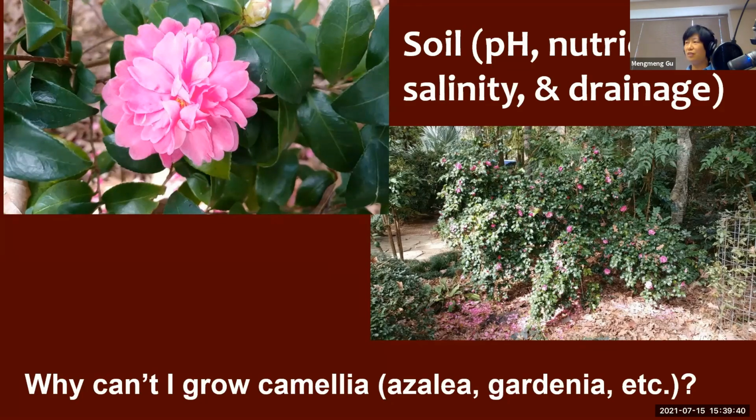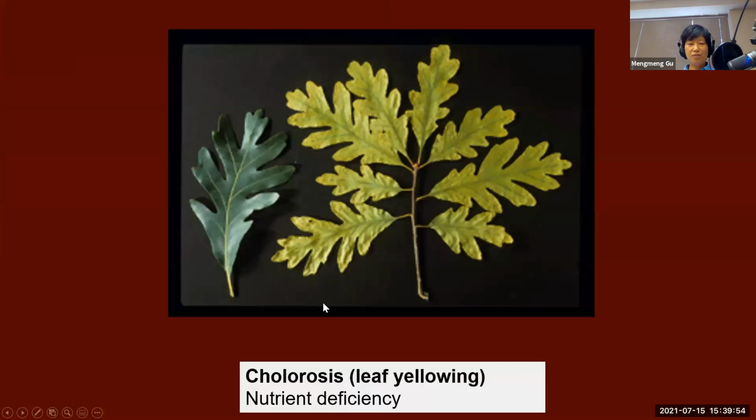The pH often affects the nutrients, and salinity could be another issue, and drainage in certain areas could be an issue too. In certain spots in the springtime, we often see these golden, quote unquote, golden oak plants, just because the pH is too high, and that's causing nutrient deficiency and the chlorosis.